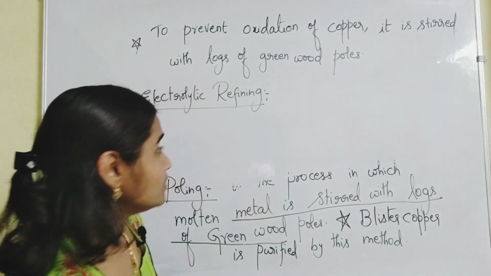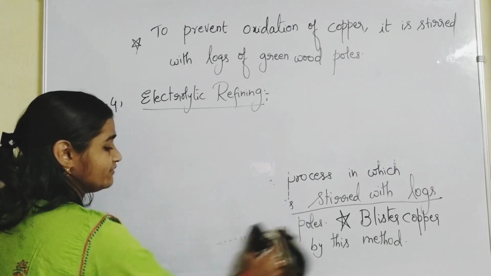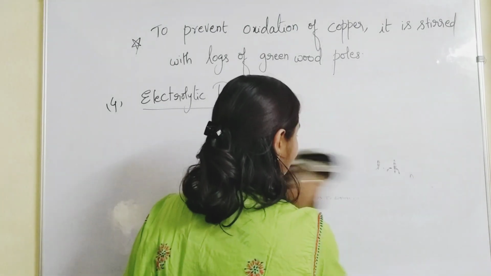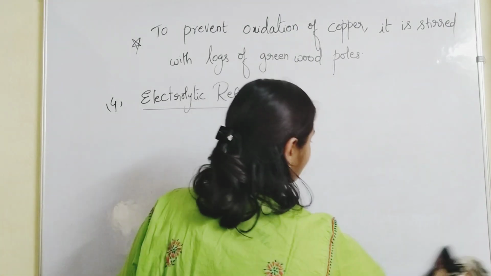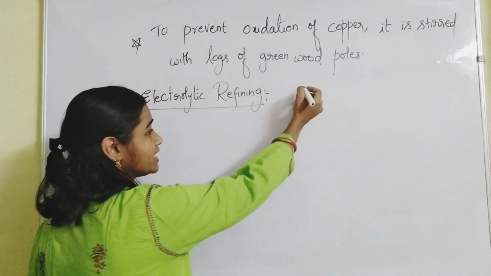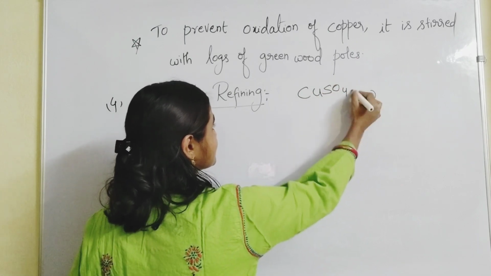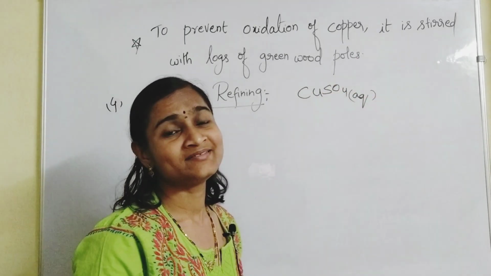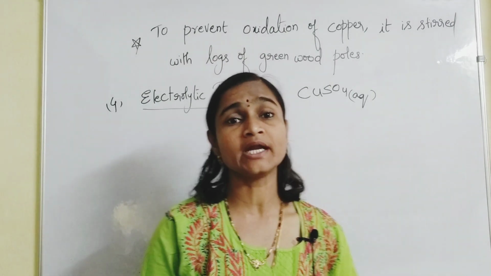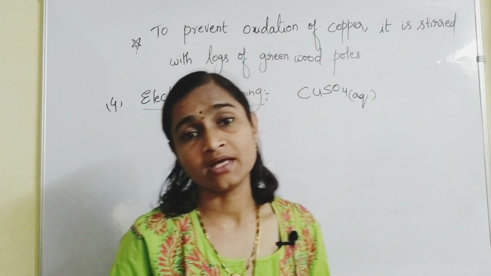So here we'll learn about the electrolytic refining of copper sulphate. It is being given in your textbook. CuSO4, aqueous. Again, you have to remember one important point: aqueous or molten, what you have to take?